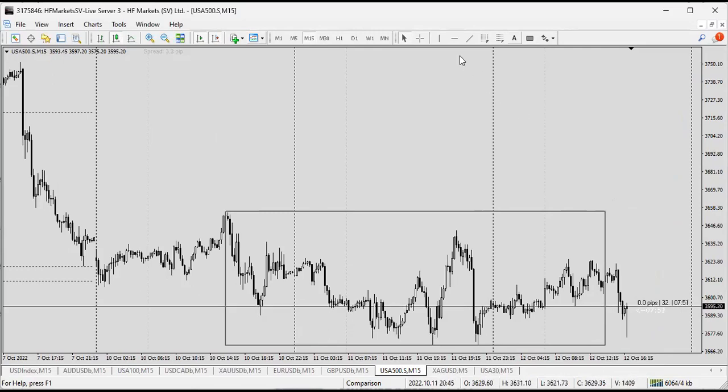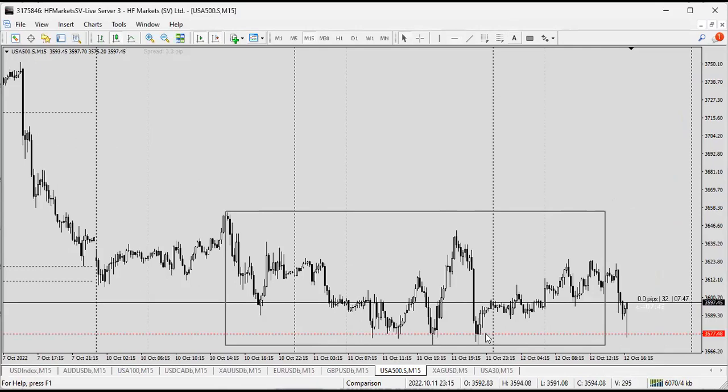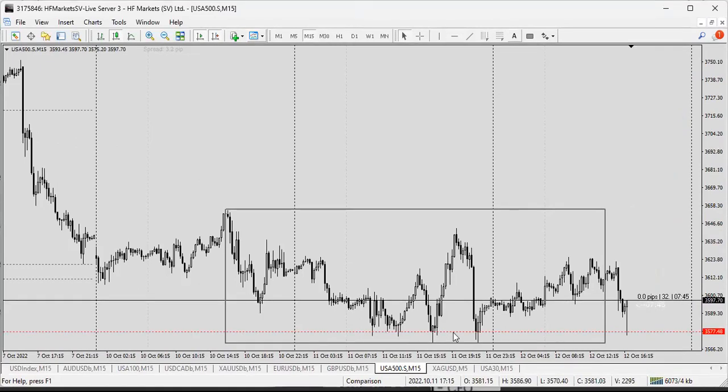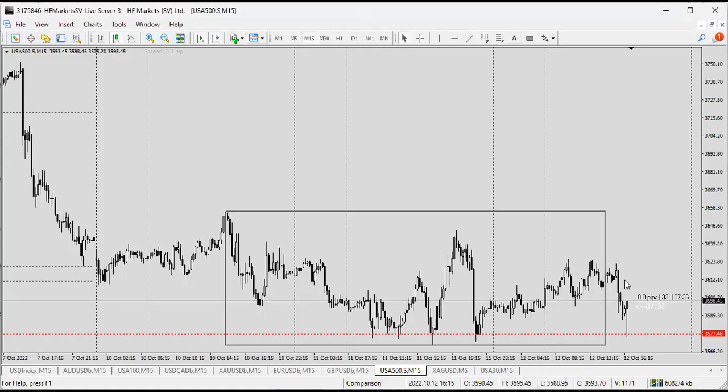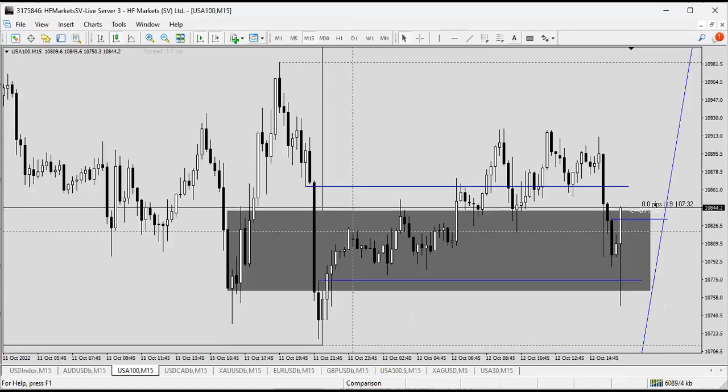Lowest candle body inside here is here. This is the lowest candle body. So this is rejection block ideas right now. Tradable, but I want a clear market structure shift. Very, very clear market structure shift. That's what we're getting right now. So I like the idea of buying into the retracements here.